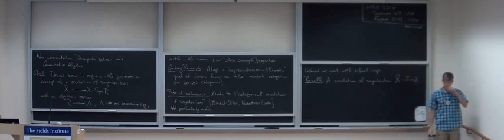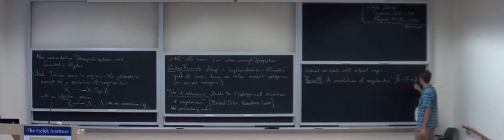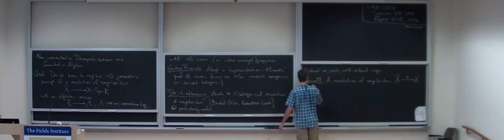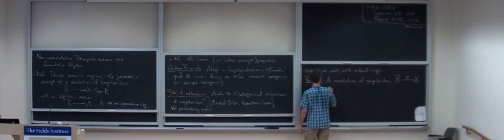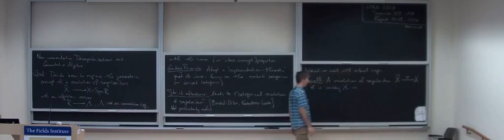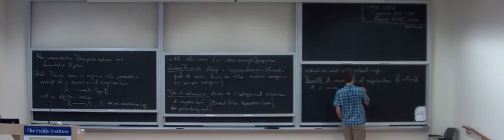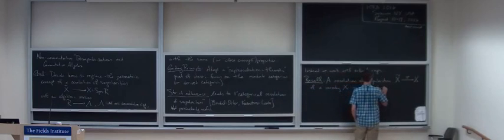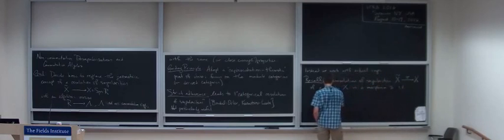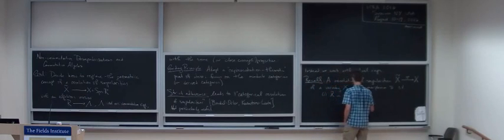So this will be my standard notation for resolution of singularities. It's a pi going from X twiddle to X, and it is a resolution of singularities of a variety X, and it is a morphism pi such that, first of all, X twiddle is non-singular, smooth.